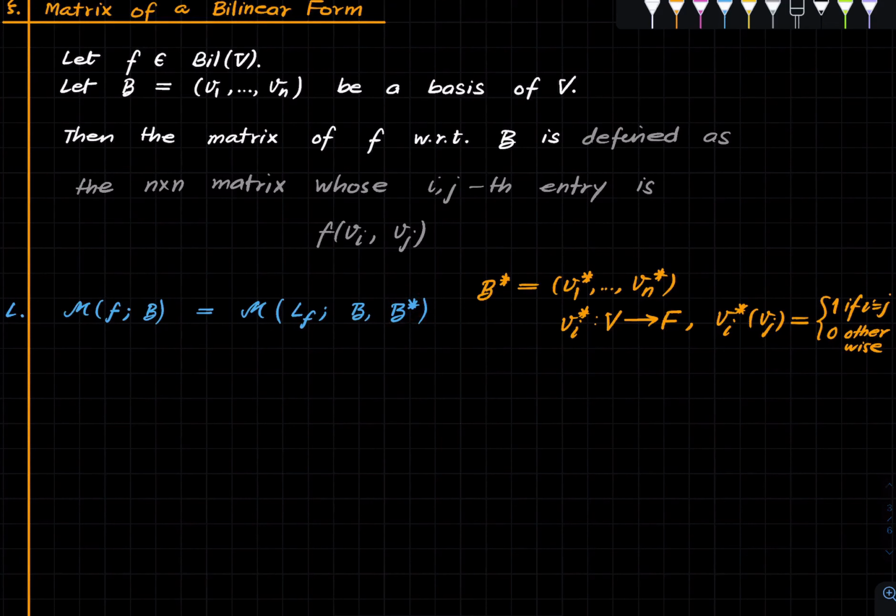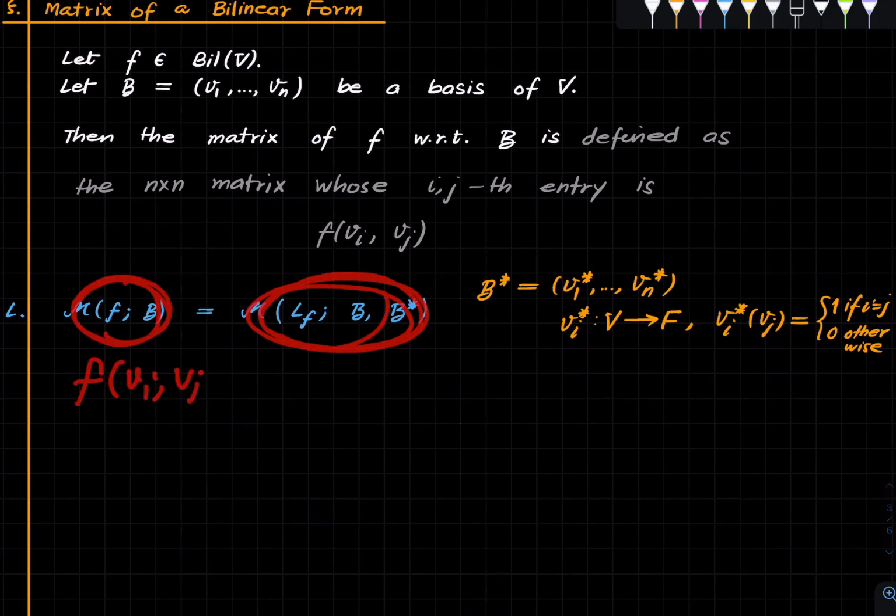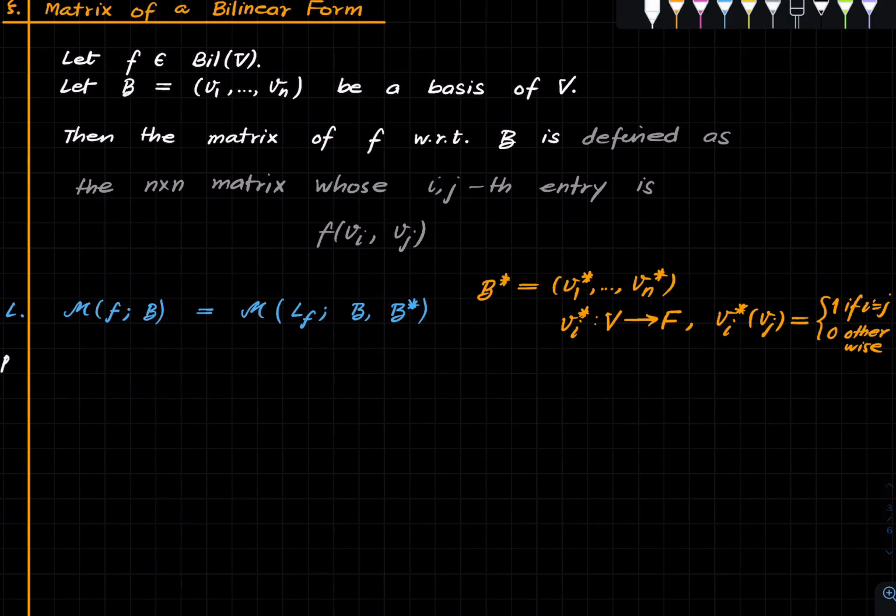So we want to show that the ijth entry of this guy is same as this thing. Okay, so to find the ijth entry, what do we need to do? We need to first express this as a linear combination of the dual basis vectors and pick out the coefficient of Vj star. That's the definition of this guy. So let's say this is equal to alpha 1 V1 star plus dot dot dot alpha n Vn star.